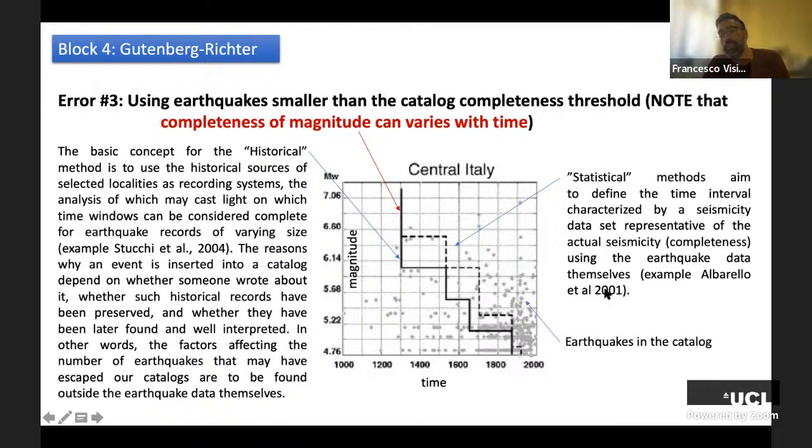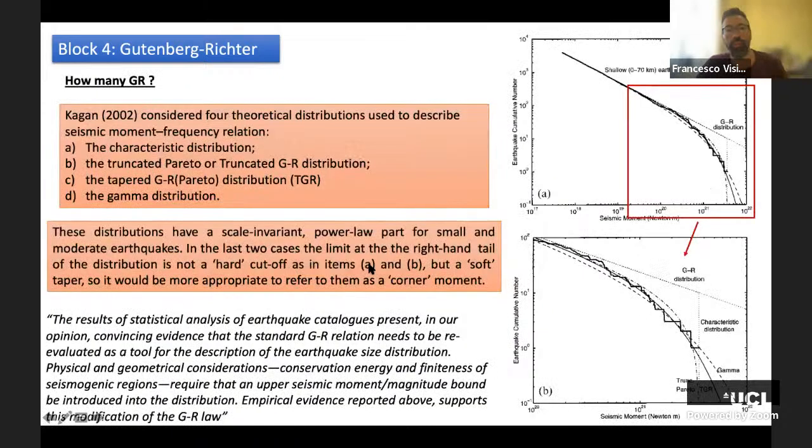Statistical methods, instead, are based on the earthquakes contained in the catalog. There are many statistical methods. For example, here the authors use the Albarello et al. 2001 approach, to define the time interval characterized by a seismicity dataset representative of the actual seismicity. So they derive the completeness using data that are inside the catalog. Historical methods use data that are outside the catalog.